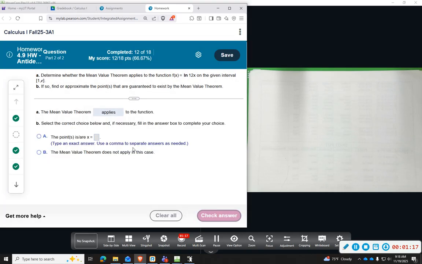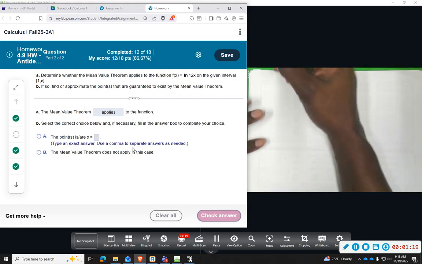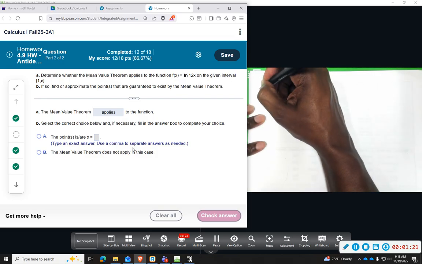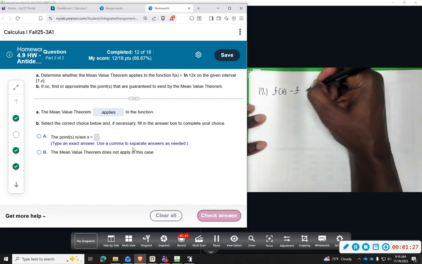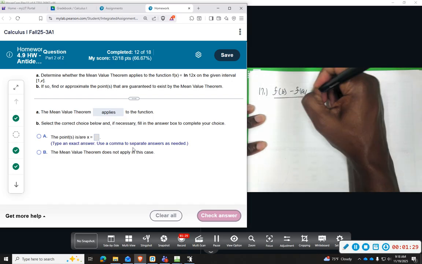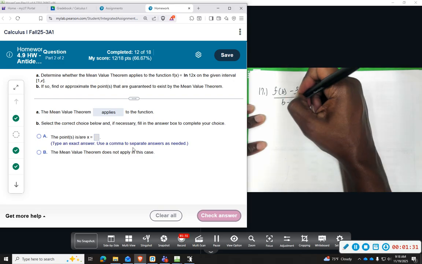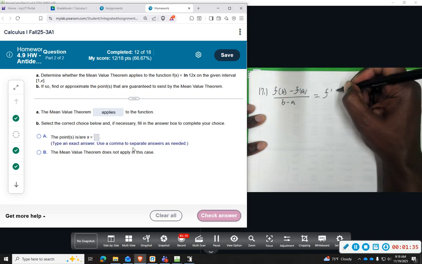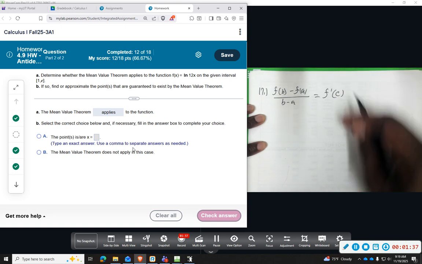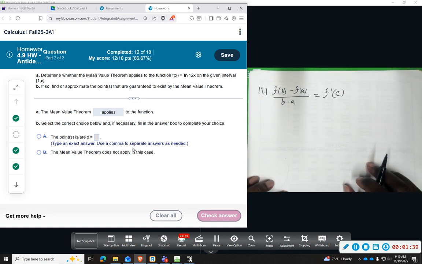Okay, and now from there, the mean value theorem says the slope is going to be equal to the derivative at some point c. So we're going to do the slope.